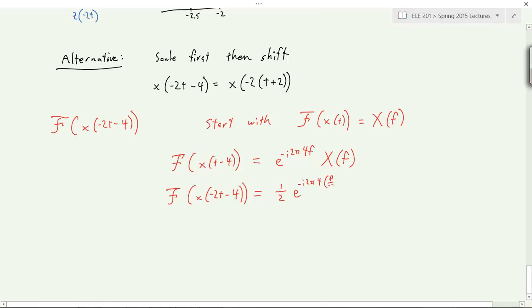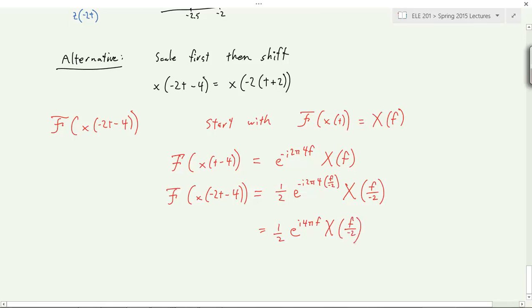And here I also have to put an f over -2. Okay, so if I wanted to simplify, it's 1/2 e to the i 4 pi f, X of f over -2. So you see I was able to use two rules together.